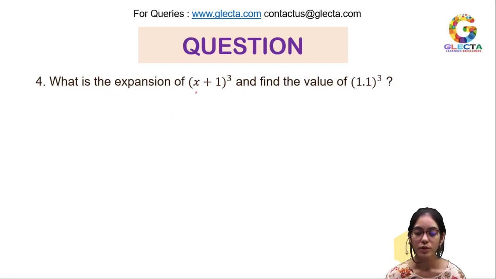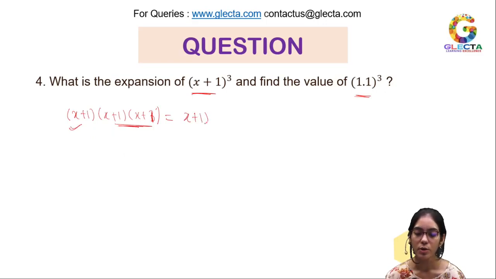Okay, what is the expansion of x plus 1 whole cube, and find the value of this one. So first all we have to do is find this expansion. x plus 1 whole cube means we are multiplying x plus 1 three times. So first multiply these two brackets, and then we'll multiply the first bracket with the final one.